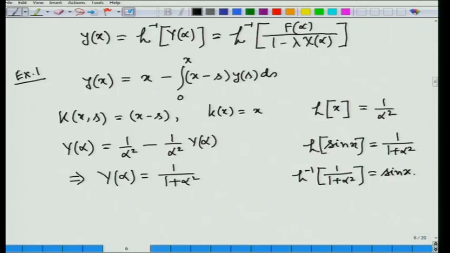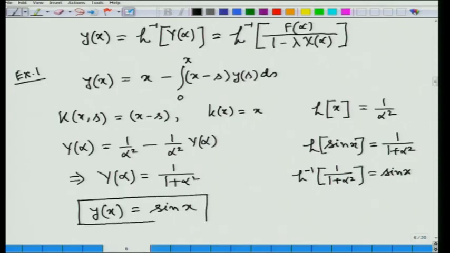Hence, taking the inverse Laplace transform of Y(alpha), we find y(x) equal to sin x. This is actually the solution of the given integral equation, that is the first example.